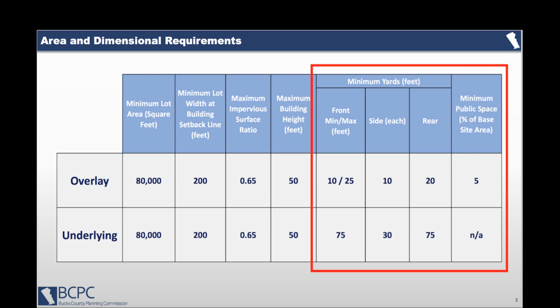But if you go to that slide, Jerry, where you said area and dimensional requirements, you see what he's doing with the front yard setback, where it used to be 75 feet from the right-of-way line is where you put your building. He's moving the building all the way up closer to the street, so you have 65 to 45 more feet that you could park in the back. In the back. Right.